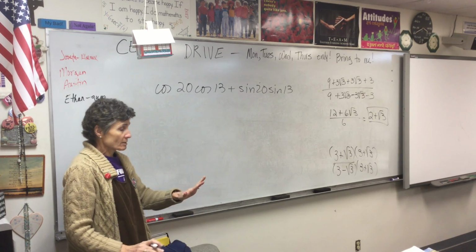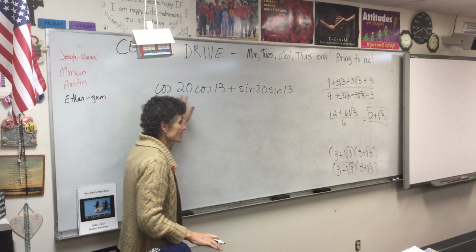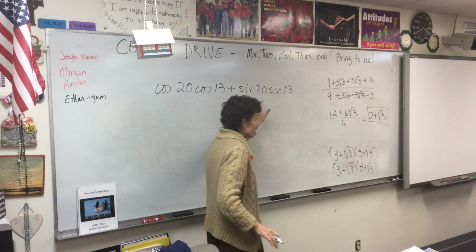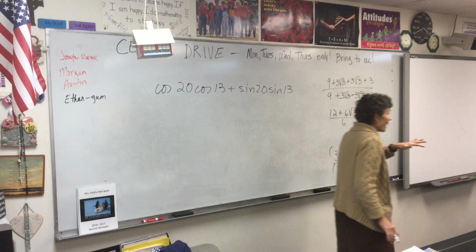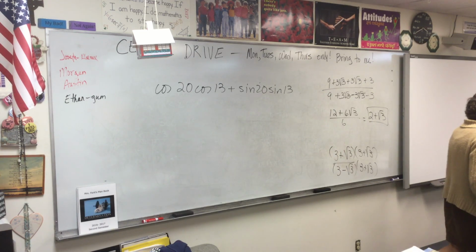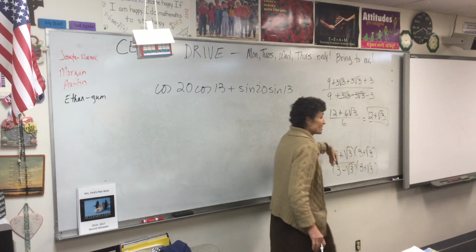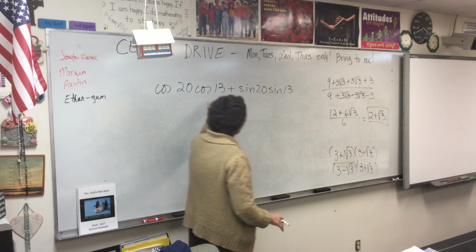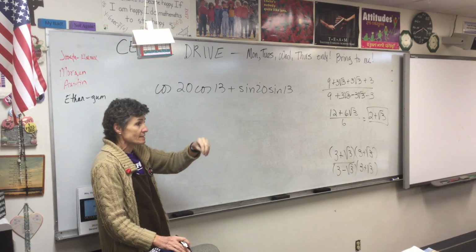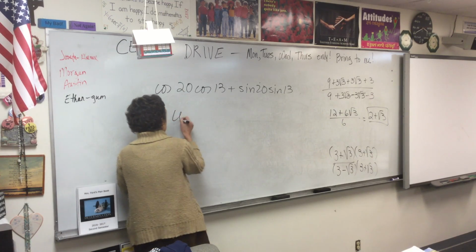So let's just pause a moment. It's cosine, cosine, sine, sine. Now what pattern is that? You've only got 3 patterns, sine, cosine, tangent. The tangent's the one with the fraction. Which one is this? Cosine, cosine, sine, sine. That's a cosine formula.